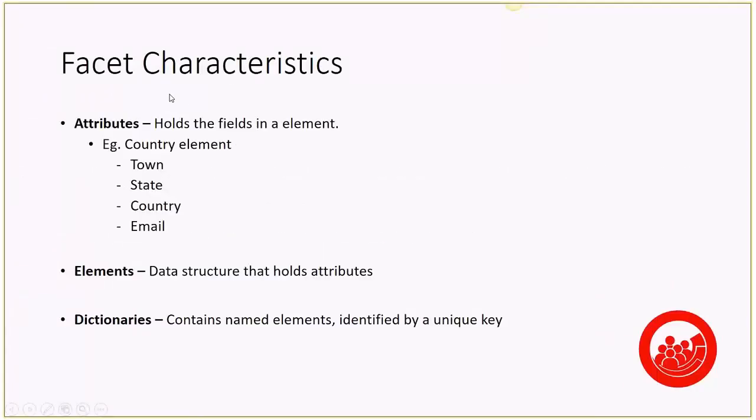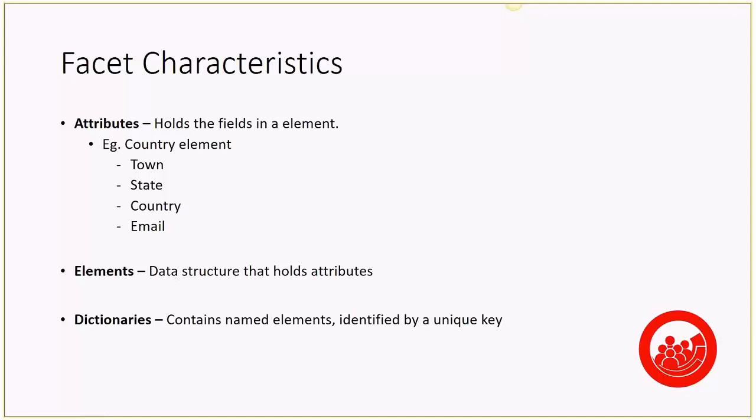And then we have characteristics. Again, it's a small explanation of what sort of information will be stored. So attributes basically hold straightforward information like name of a town, email address, an age, a telephone number, a country, etc. Elements can hold attributes, as it's a compound data structure.